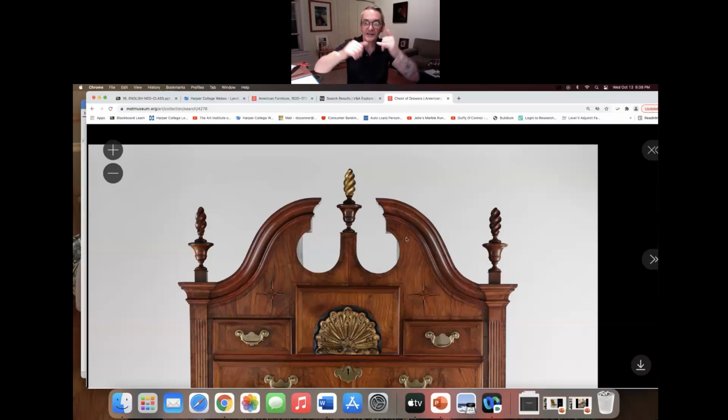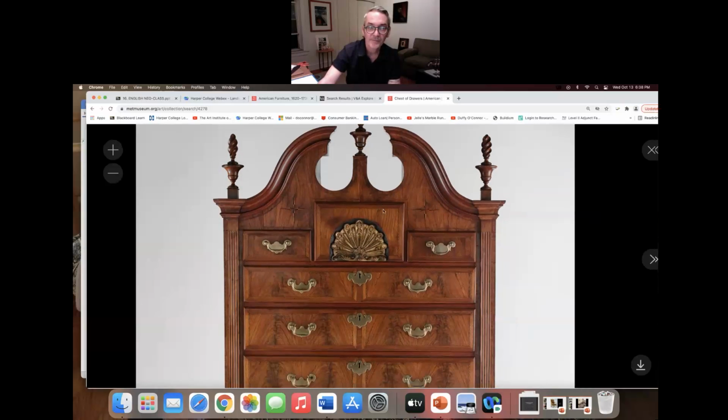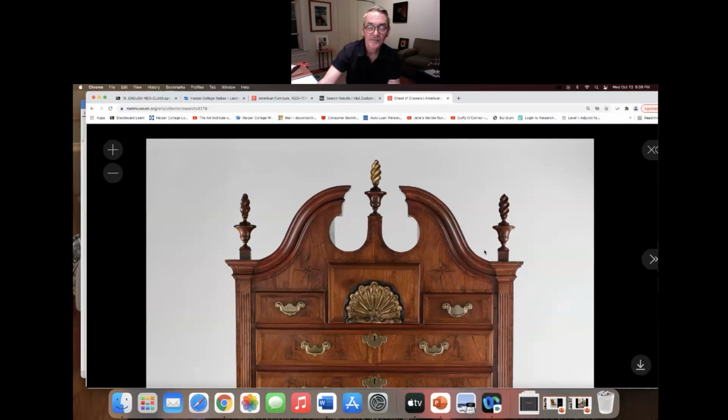You can see it in the Italian Baroque architecture as well, and then in the French Baroque, where the pediment is broken and there's something placed in it. Sculpture, or maybe like this, where it has this urn finial in it. But this is a feature that's a change from the earlier William and Mary style to Queen Anne.